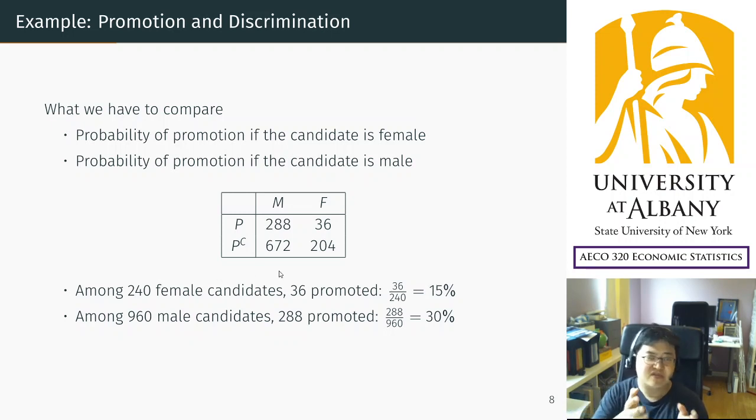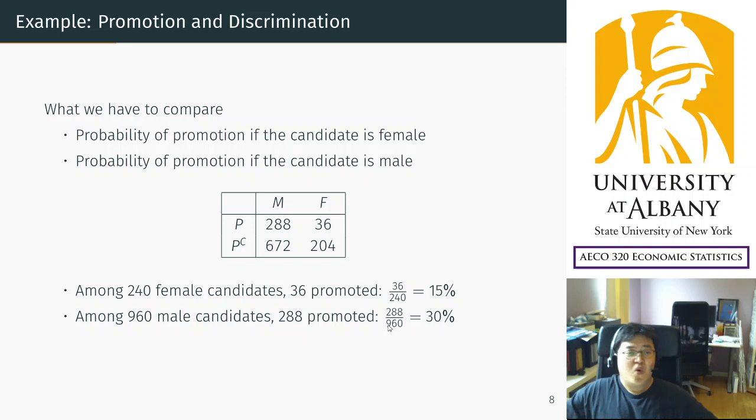On the other hand, if you do the same thing for men, there are 960 male candidates, and if you choose one candidate randomly from these men, then 288 are promoted. So the probability of promotion is 288 out of 960, which is 30%. Intuitively speaking, I think it's very straightforward.